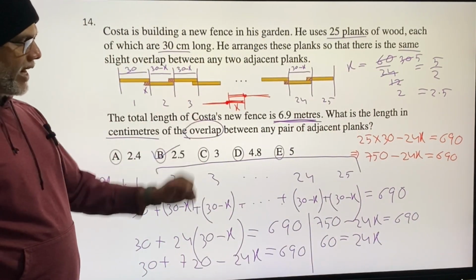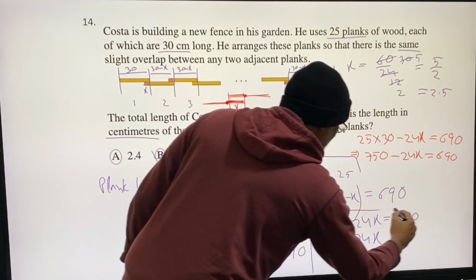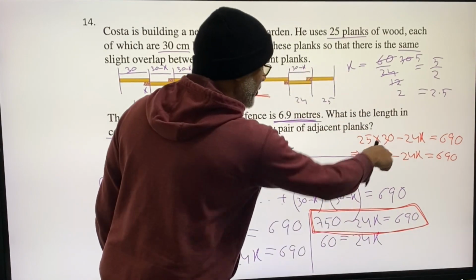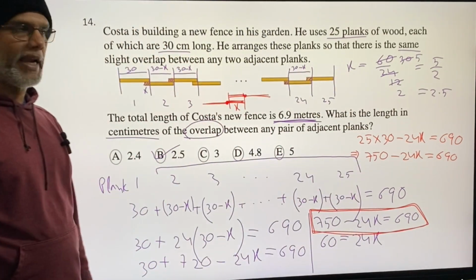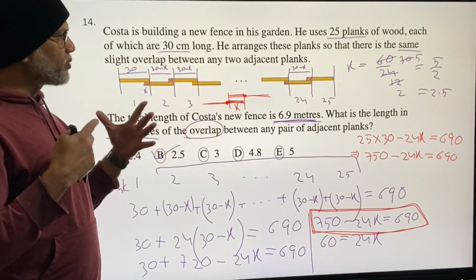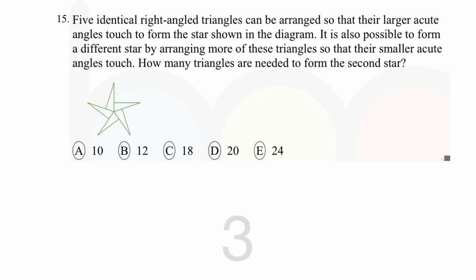Now, if you look carefully, this is exactly the same as this equation, right? These two equations are exactly the same, so we will get the same answer, but I just wanted to highlight another way of thinking about it.